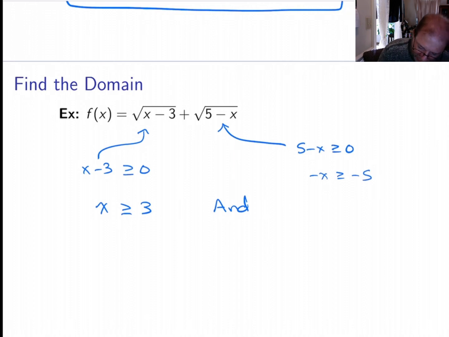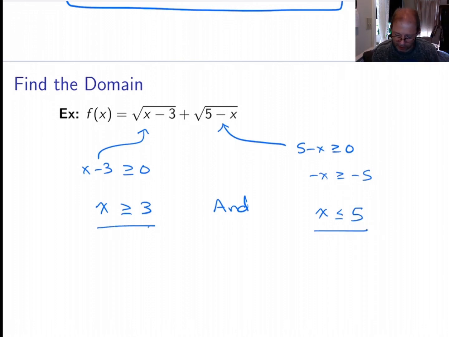If I divide both of these by negative 1, remember whenever you multiply or divide an inequality by a negative number, you have to reverse the inequality. So this says x has to be greater than or equal to 3, and x has to be less than or equal to 5. I left the equal to off over there when I mentioned it. So that's everything from 3 to 5.